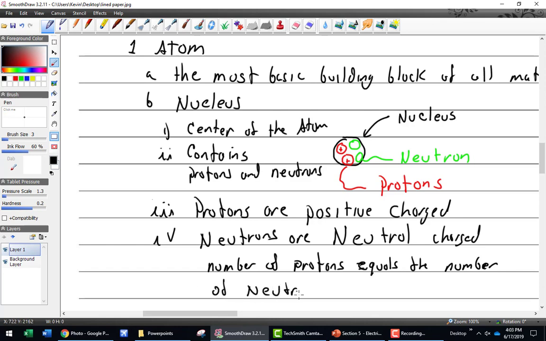Usually. Unless we get into isotopes and ions and things like that, but we're not going to worry about that. We're just moving kind of slow here, so everybody's on the same page. So we've got that going on.